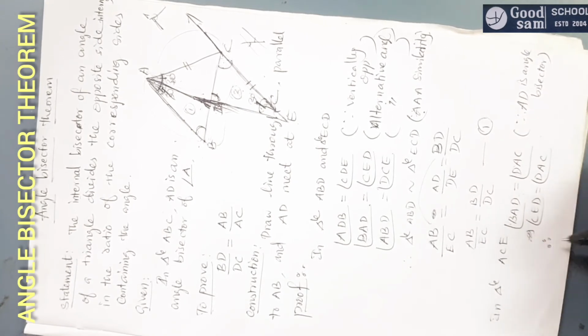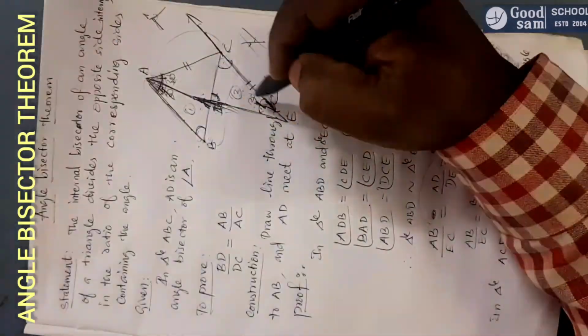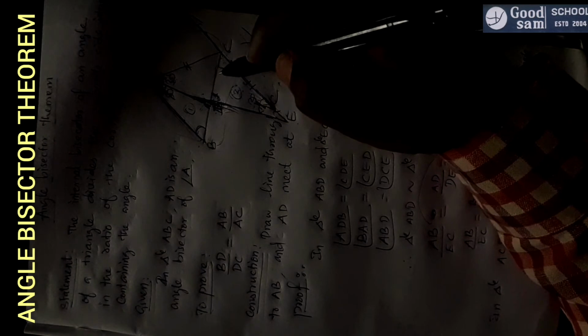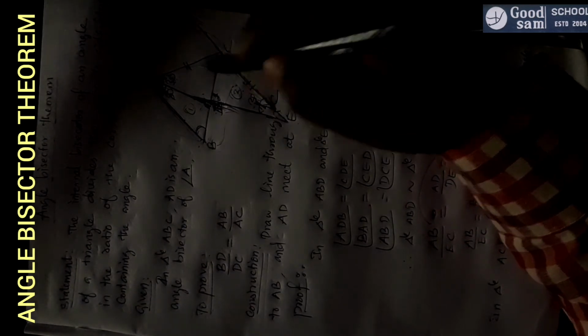Therefore, if these two angles are equal, these two sides are the same because it is an isosceles triangle.